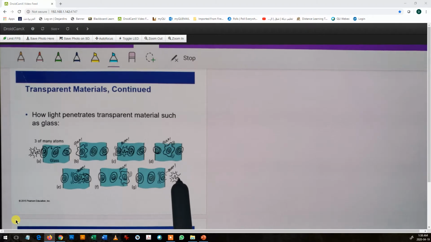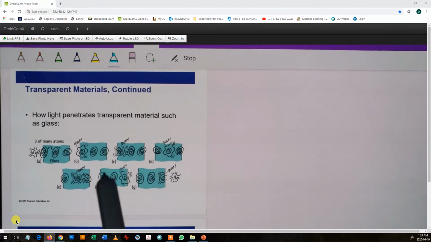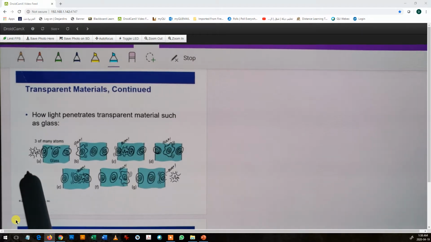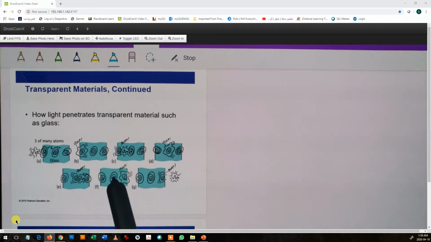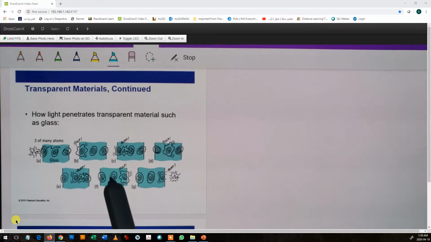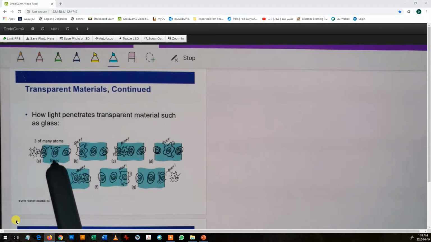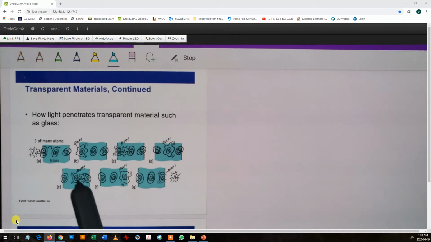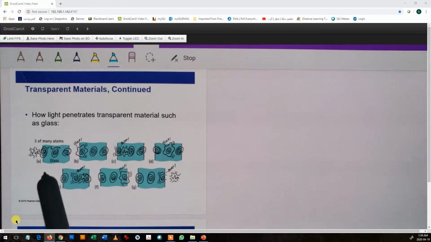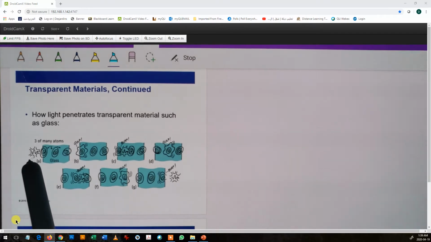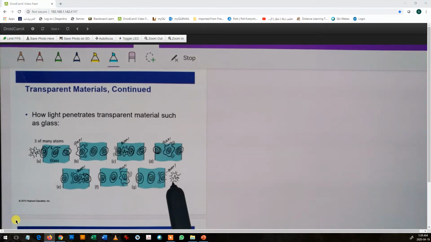of the transparent material. So it's been absorbed and radiated or ejected. Absorbed and then ejected. So basically, if we start with one photon, we will end up with another photon.